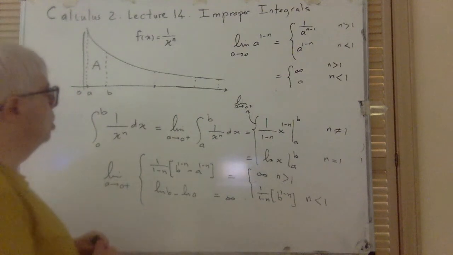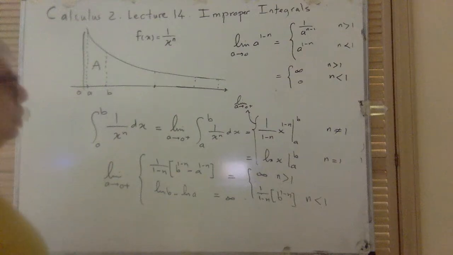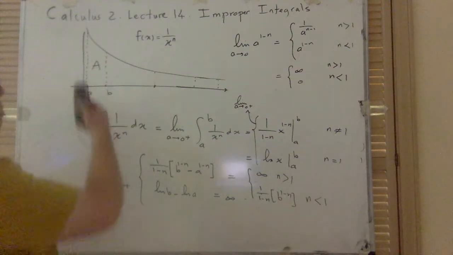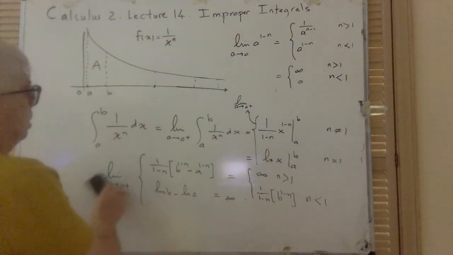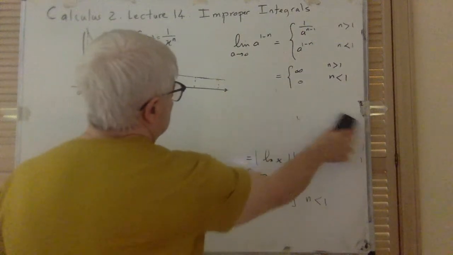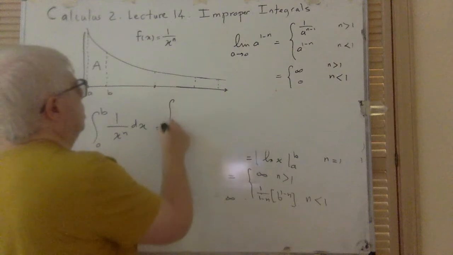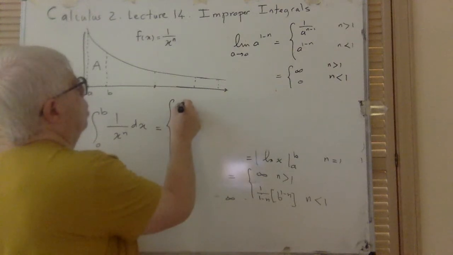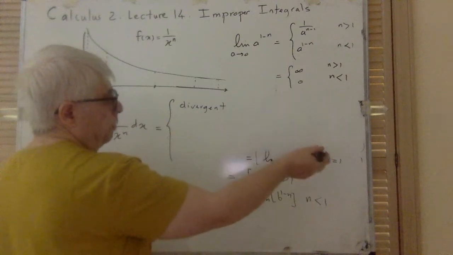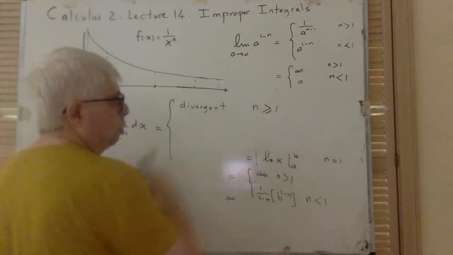convergent here. So I have come up with some general idea about this integral, which gives me the area to the left. Let me erase all these things and write it here. So this is infinite or divergent if n is bigger than 1 or equal to 1.